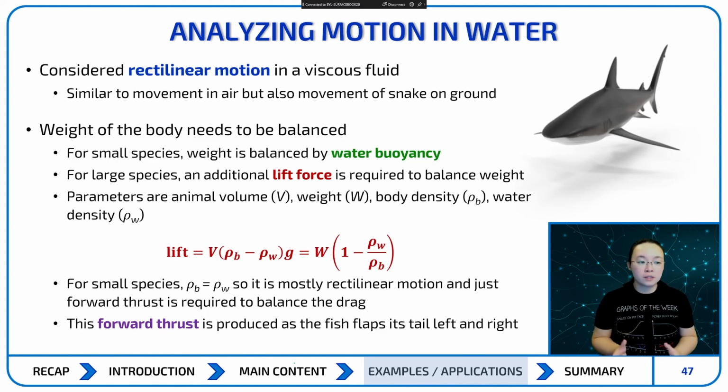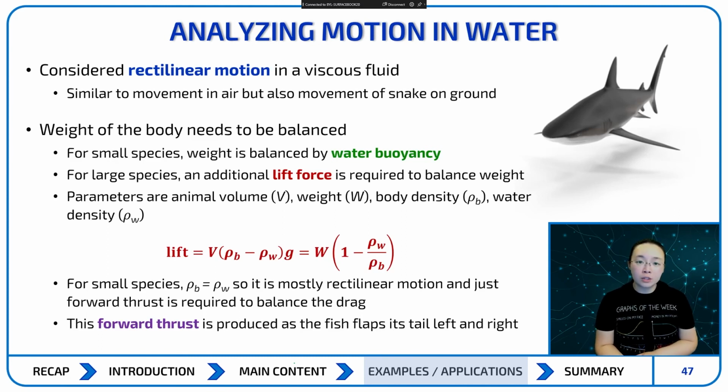Now, the weight of the body does need to be balanced for all objects in the ocean. So for small species, the weight is going to be balanced by water buoyancy. For large species, you do need an additional lift force to balance your weight, just like a shark. So the parameters are going to be the volume of your animal, the weight of your animal, the body density of the animal, as well as your water density.